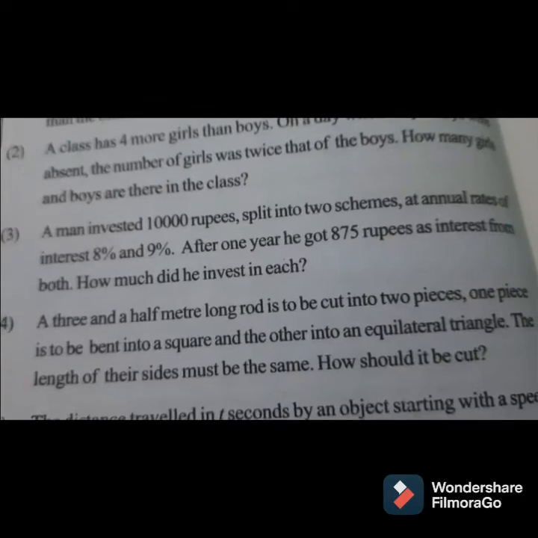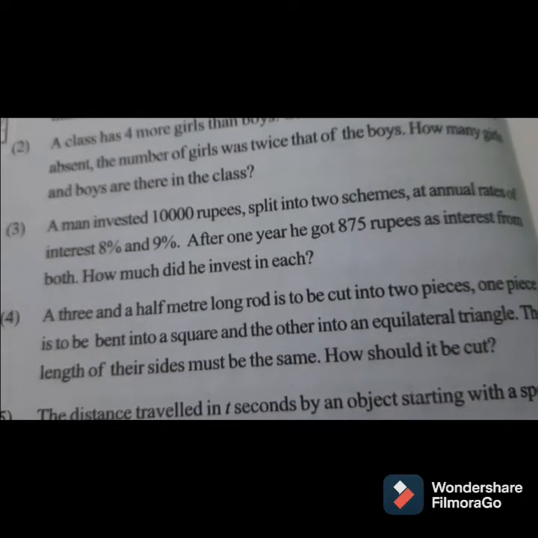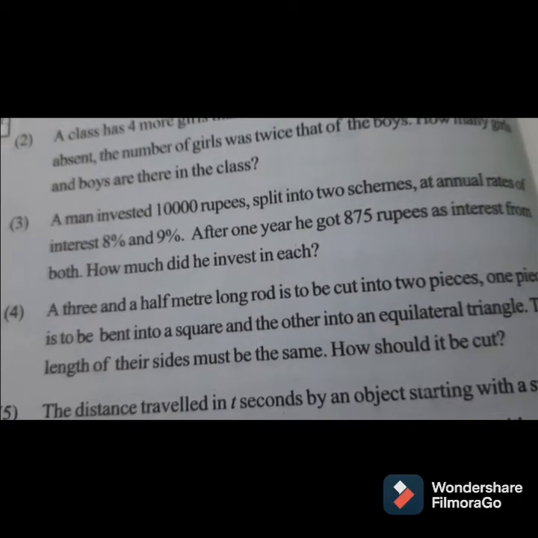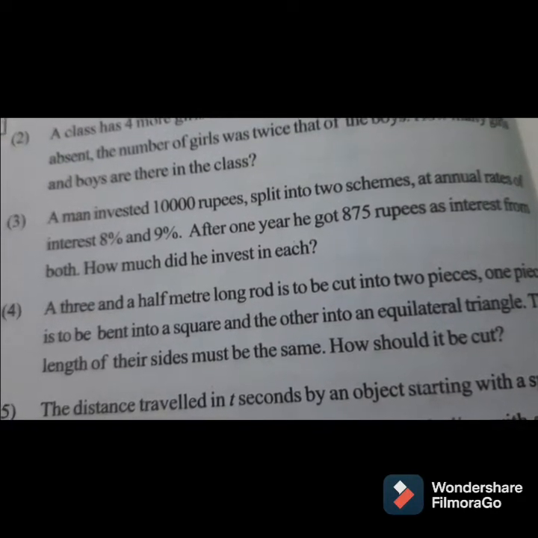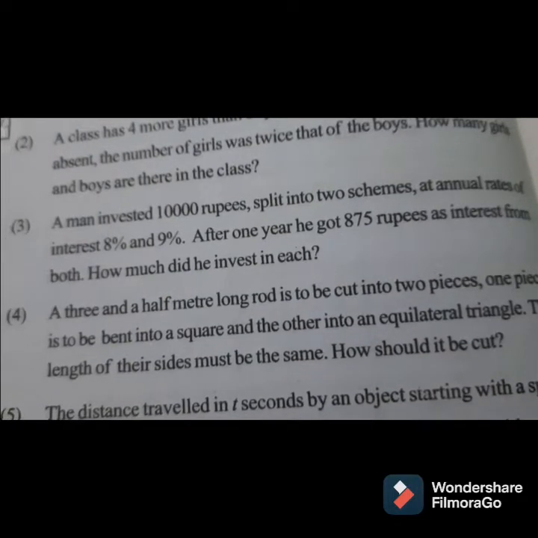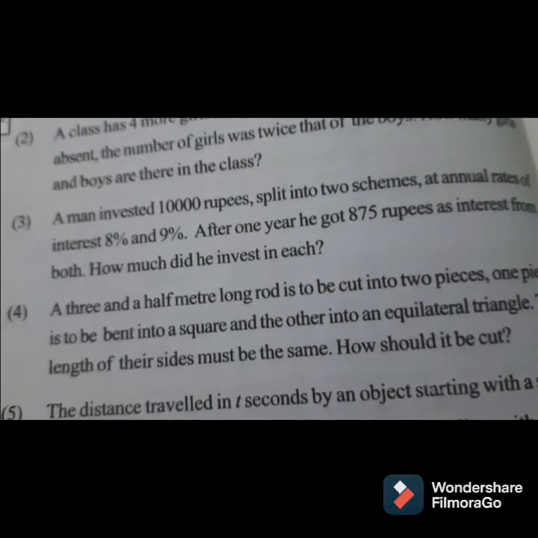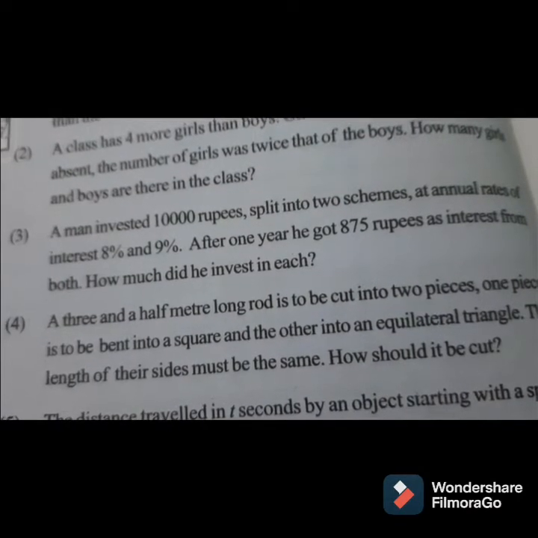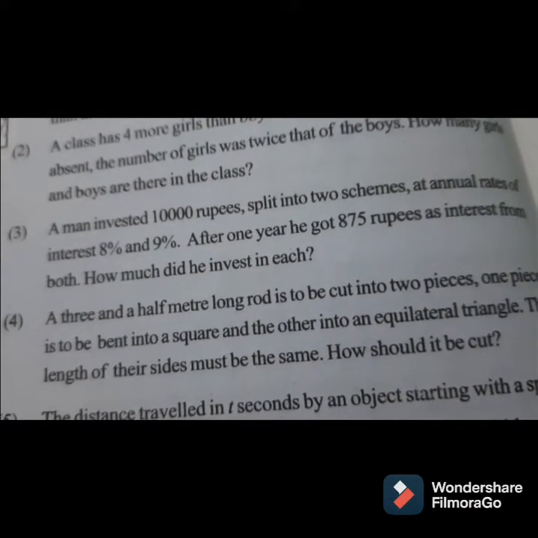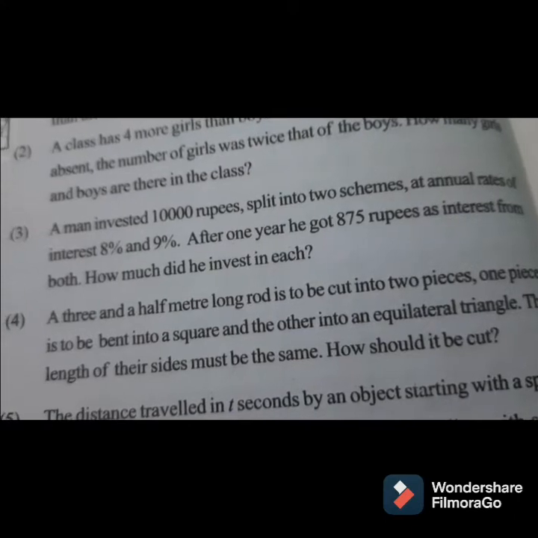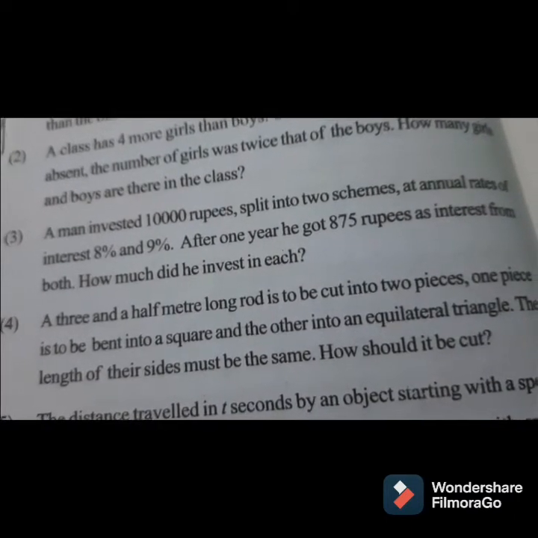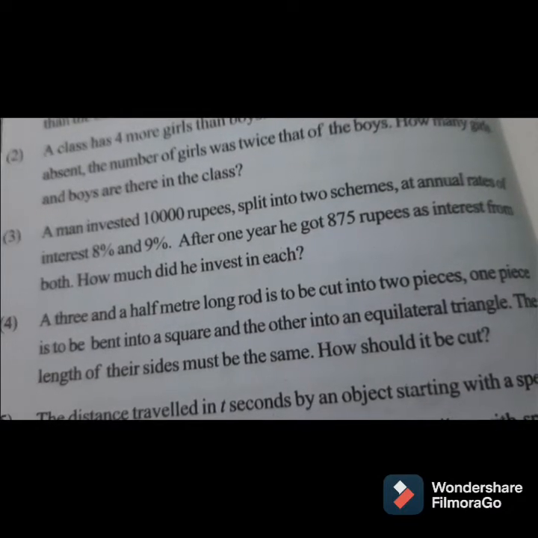Okay. Next question. A man invested 10,000 rupees split into 2 schemes at annual rates of interest 8% and 9%. After 1 year, he got 875 rupees as interest from both.